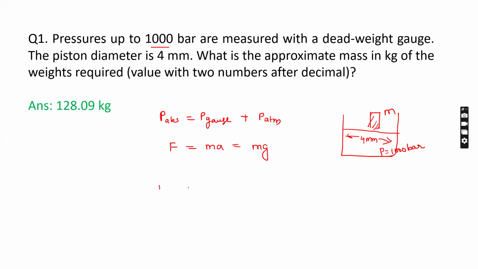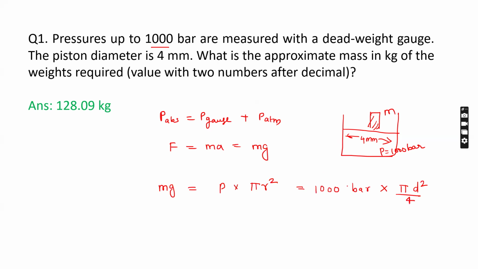mg is equal to the pressure inside this system into area, which is pi r square, which is also equal to 1000 bar into pi d square by 4. You need to note that this is the diameter.